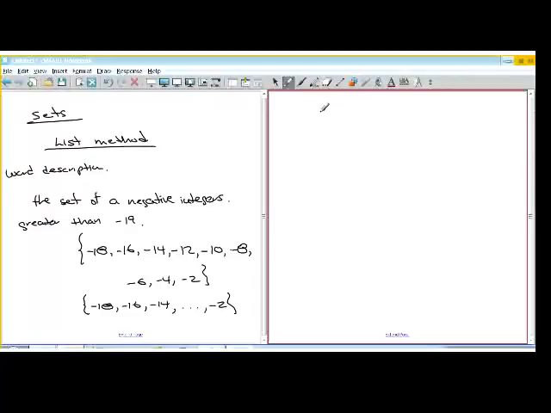For example, that would be the other way around. If I gave you an abbreviated version, so let's say I said, list all the elements in the set: negative 7, negative 6, negative 5, dot, dot, dot, negative 2.